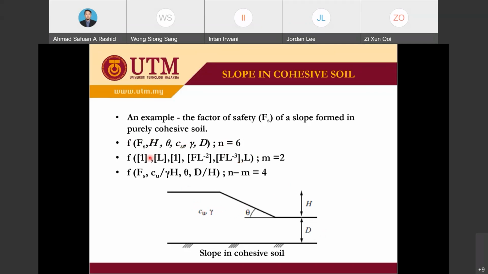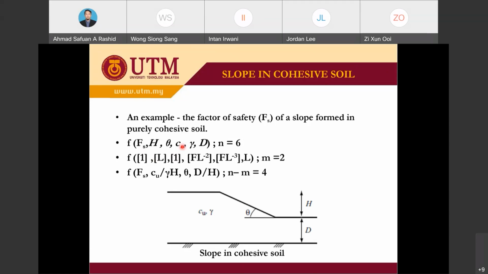Okay, so then for each parameter, we should determine the primary dimension. For example, the factor of safety doesn't contain any units, so we just write it as 1. H is meter, or length, so we write L. Theta is a degree, so it doesn't have any primary dimension, so we write 1.